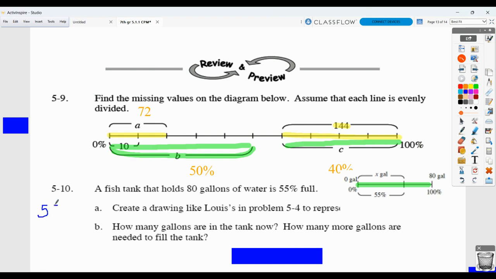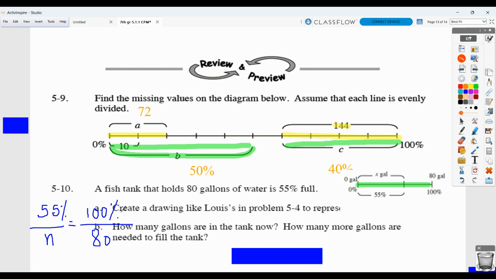55%, and we don't know how much that's holding. And then across from percent will have to be a percent, which is 100%. And that's equal to 80 gallons. So one way we could do it is to set it up as a cross product in this way.